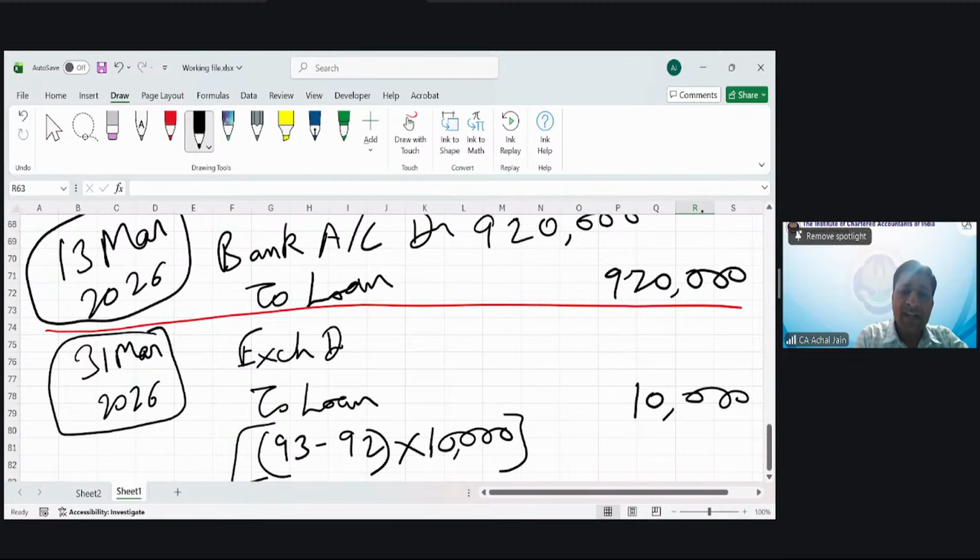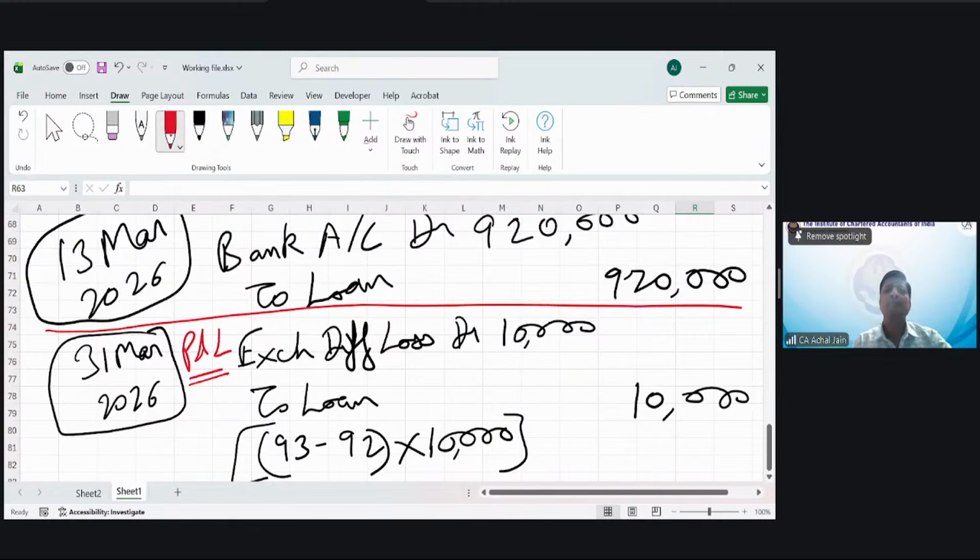You will call it as exchange difference loss. Where do you take this impact? This impact goes to P&L. Right? This impact goes to P&L.